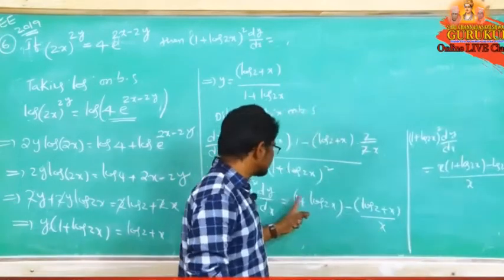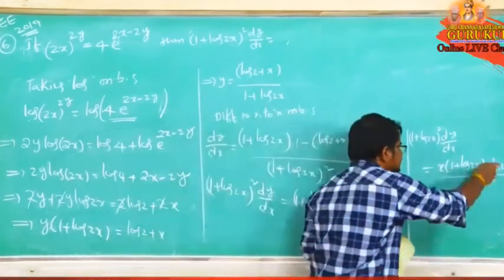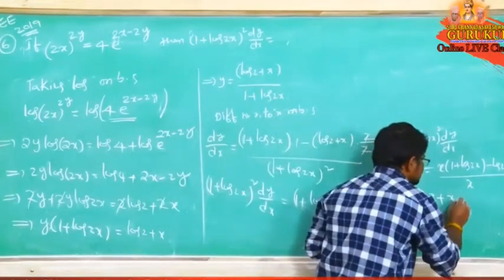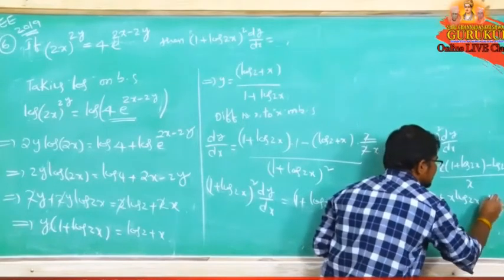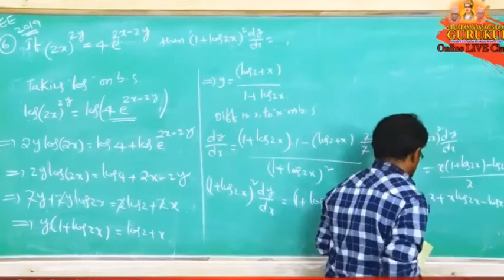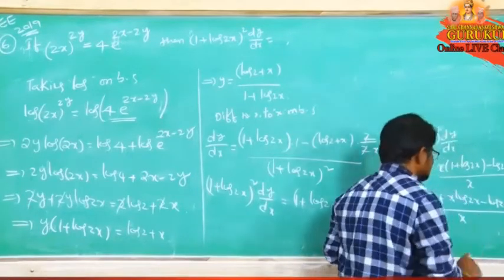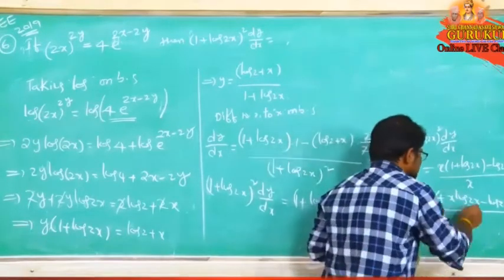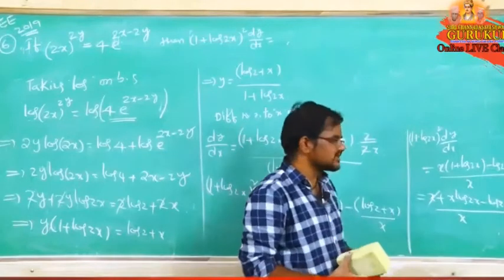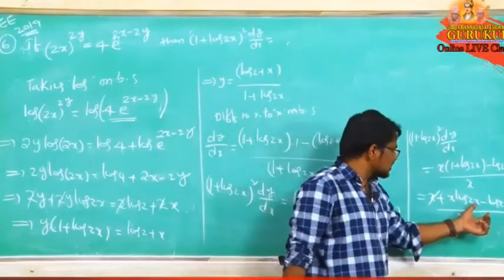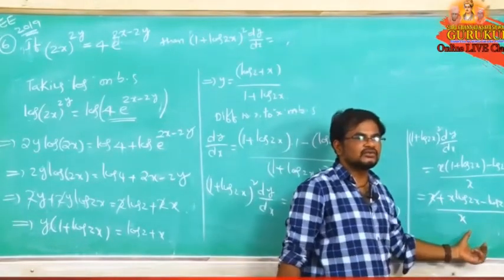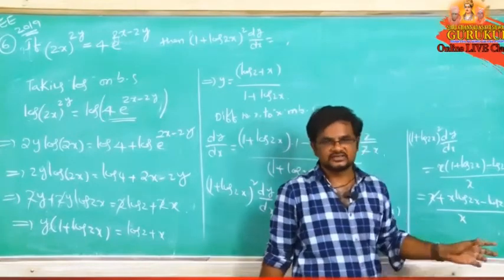Taking LCM x into this one. Now multiply these: x plus x log 2x minus log 2 minus x whole divided by x. What is remaining? Minus x plus x get cancelled. Final answer is what? (x log 2x minus log 2) divided by x. This is our final answer, right?